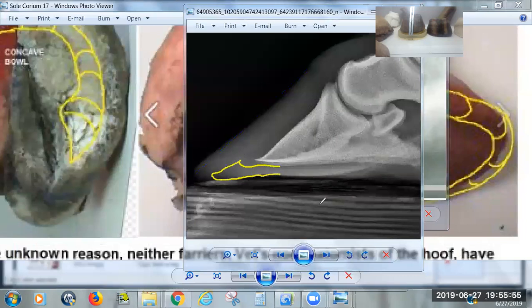There's the sole. See? This area here is the sole, and the toe isn't even under the toe. It's clear up here.